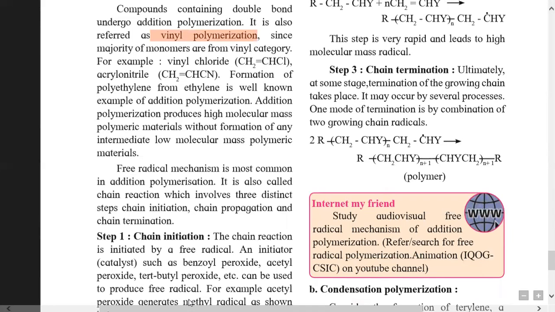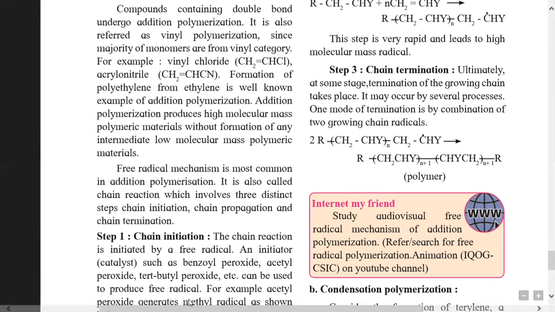Vinyl chloride is CH2=CHCl, or acrylonitrile is CH2=CHCN. The formation of polyethylene from ethylene is also a well-known example of addition polymerization.